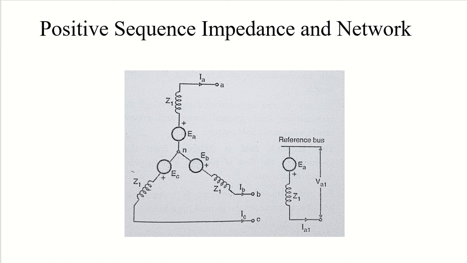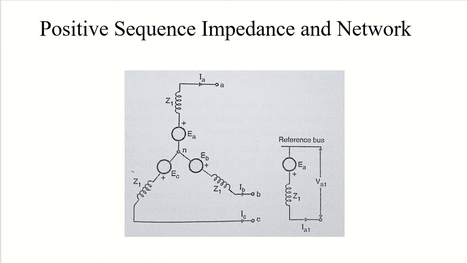Okay, so the positive sequence impedance of my machine will neglect the armature resistance, and it will say that for the first cycle, the subtransient cycle, the value of my positive sequence impedance will be j into xd double dash.